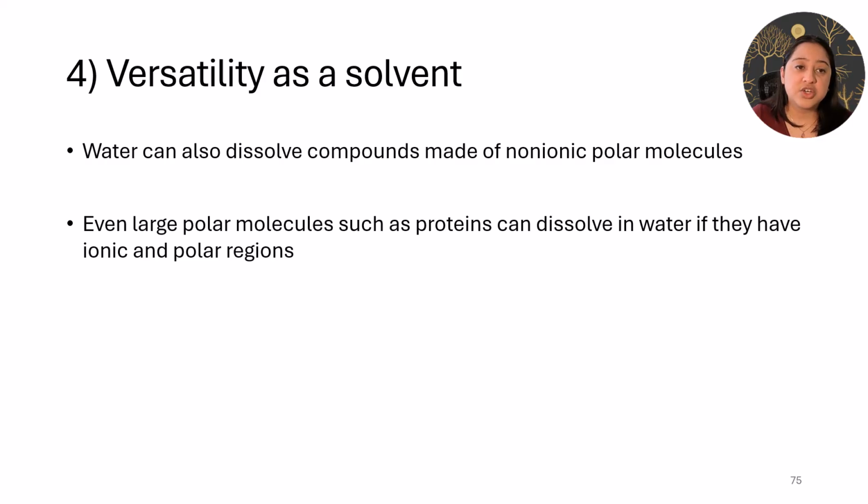And water is cool because it's not just ionic stuff that it can dissolve. Water can also dissolve compounds made of non-ionic polar molecules, and even large polar molecules like proteins. Next week we'll talk more about big molecules like proteins. But even large polar molecules like proteins can dissolve in water if they have parts of them that are ionic and polar.